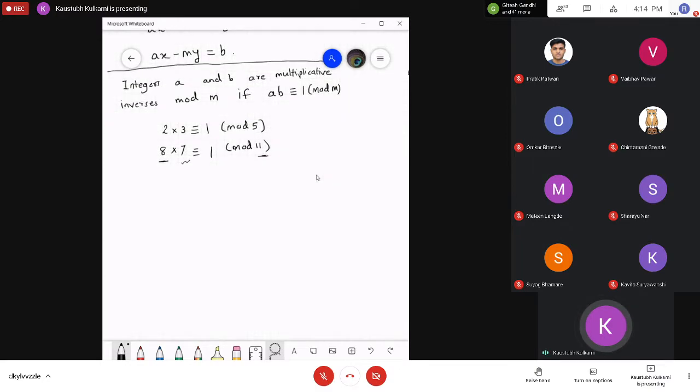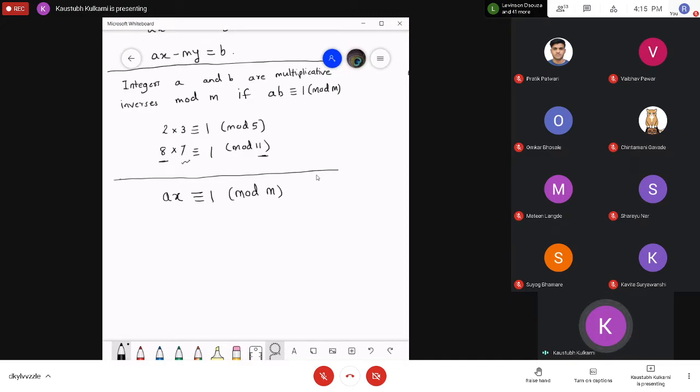Now in general, our problem statement is that we want to solve AX is congruent to 1 mod M. This X we want to find.